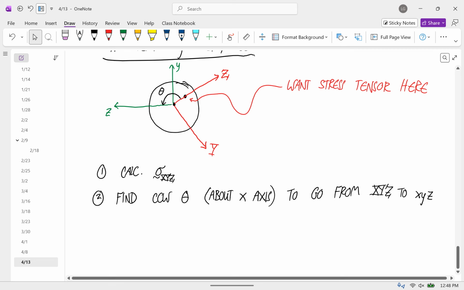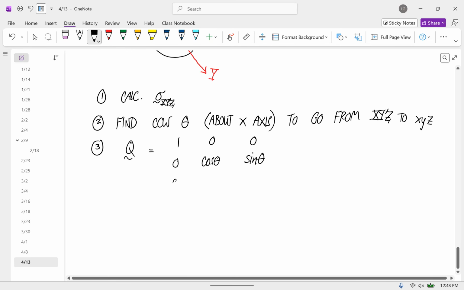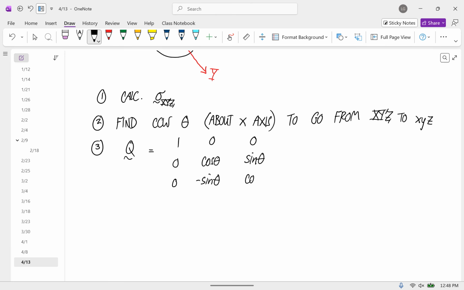And now what do you do? Exactly. So now we'll say our Q is, these are always going to be rotations about the x-axis. So it's going to be 1, 0, 0, 0, cosine theta, sine theta, 0, negative sine theta, cosine theta.